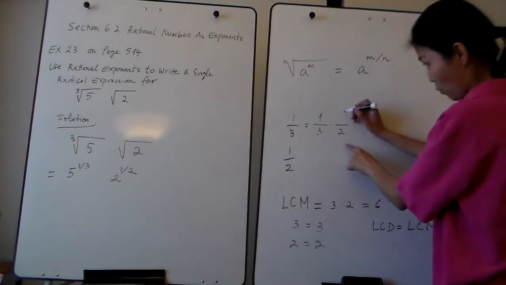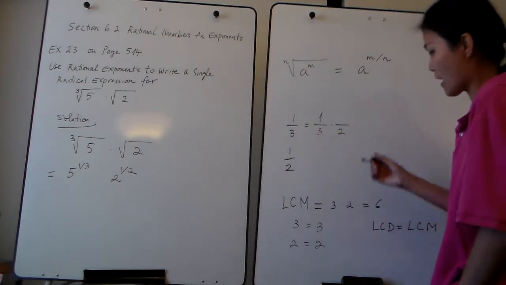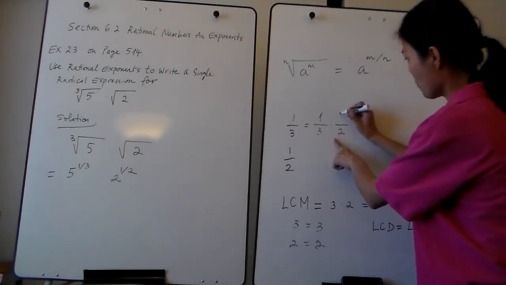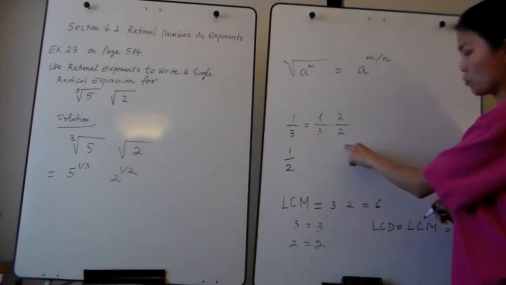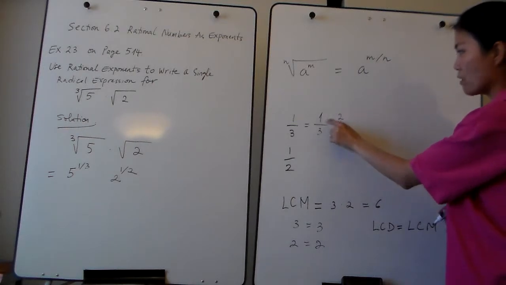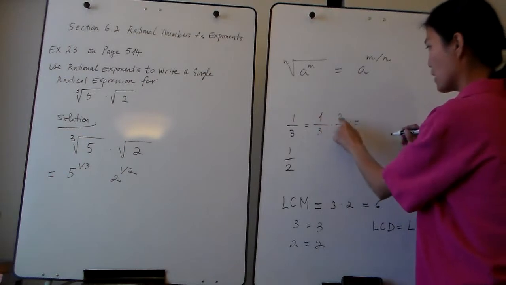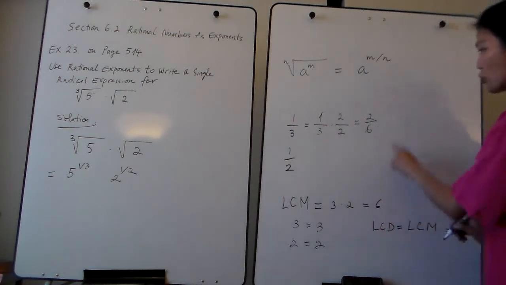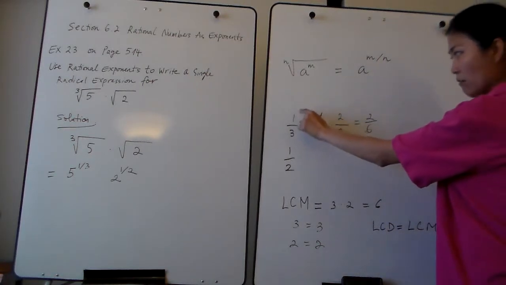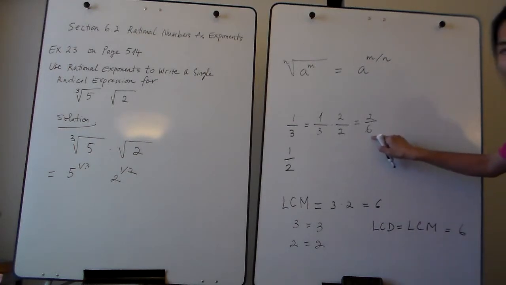So to compensate, we need to multiply the numerator by 2, because 2 divided by 2 is 1, and 1 times 1/3 is 1/3. Simplify this: 1 times 2 is 2, 3 times 2 is 6. So 2/6 is equivalent to 1/3. The only thing different is that we get what we want, which is the LCD 6.